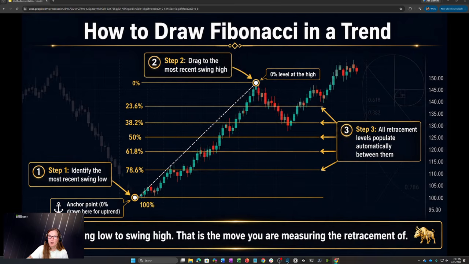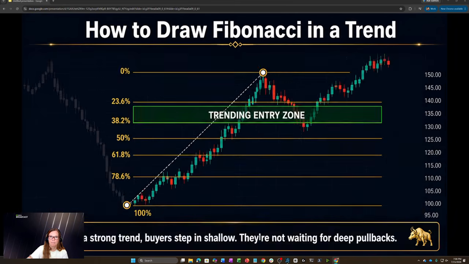If you have it drawn correctly, in an uptrend, 0 is at the high and 100 is at the low. The retracement levels 23.6, 38.2, 50, 618, they fall between 0 and 100. That is my map for where buyers are likely to step in on a pullback.